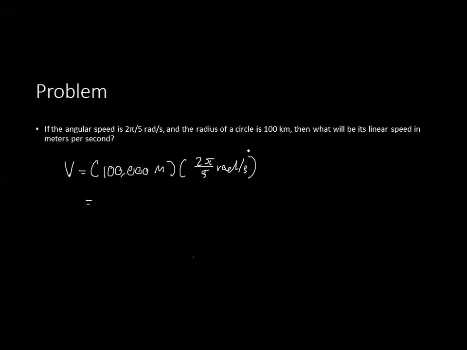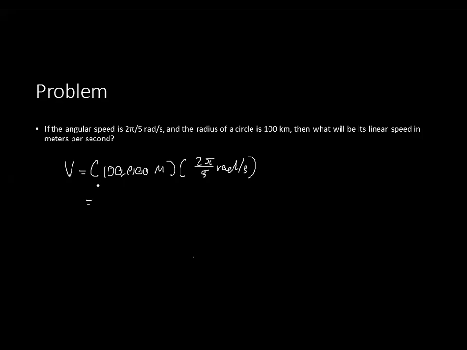Now we can substitute it in here. Your radius is 100,000 meters, and your angular speed is 2 pi over 5 radians per second. 100,000 meters and 5 are both divisible by 5.